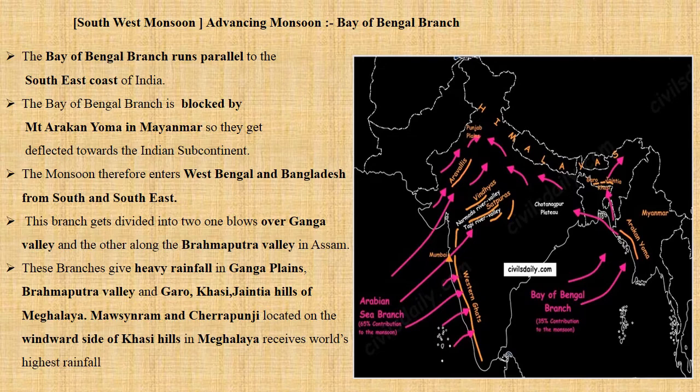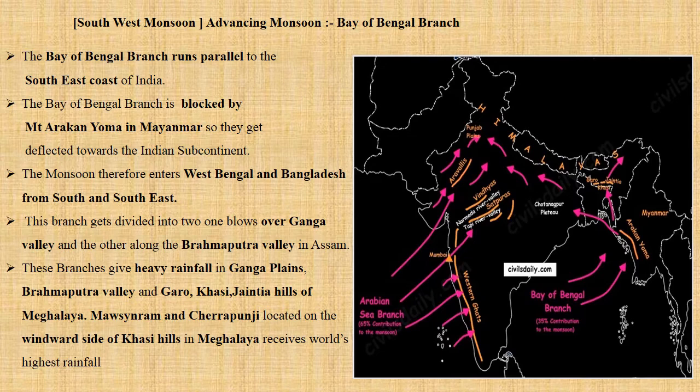So, the Bay of Bengal branch is blocked perpendicular by these hills, and hence it receives heavy rainfall. This Bay of Bengal branch moves over the Indo-Gangetic plains, that is the southern part of the Himalayas, and gives heavy rainfall. So this was all about the movement of the Bay of Bengal branch.